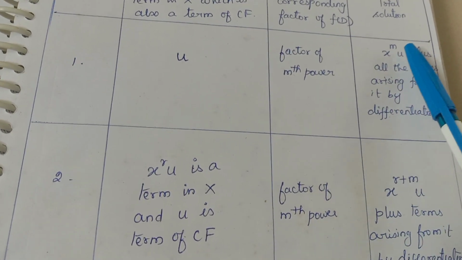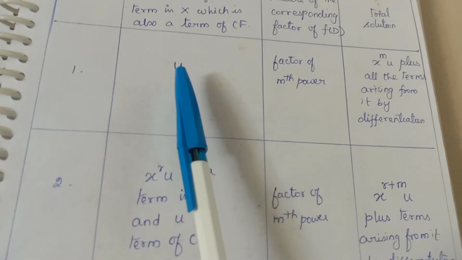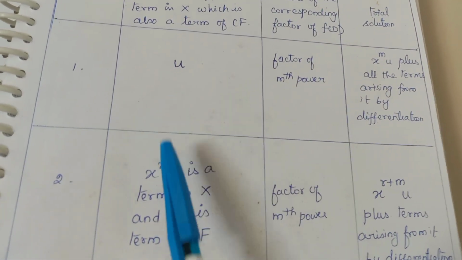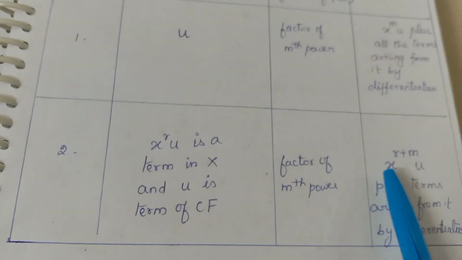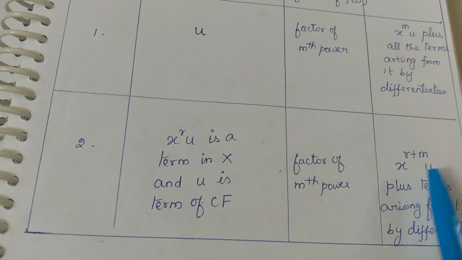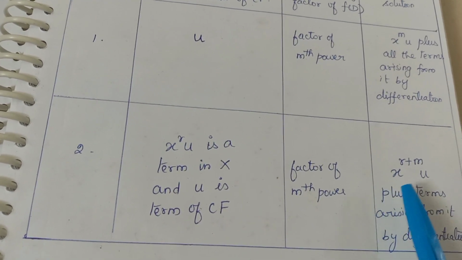Here it is simply x power m into u, when u appears alone in the right hand side. When u appears like x power r into u in the right hand side, you have to include x power r plus m into u and all its derivatives in the trial solution. We'll see one problem for this.